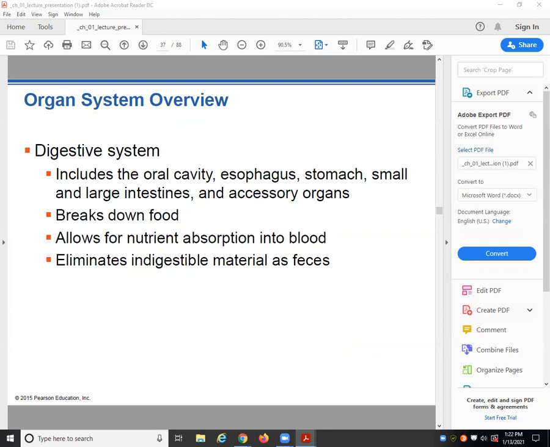Digestive system, so it includes the oral cavity, esophagus, stomach, small intestine and large intestine, and accessory organs.